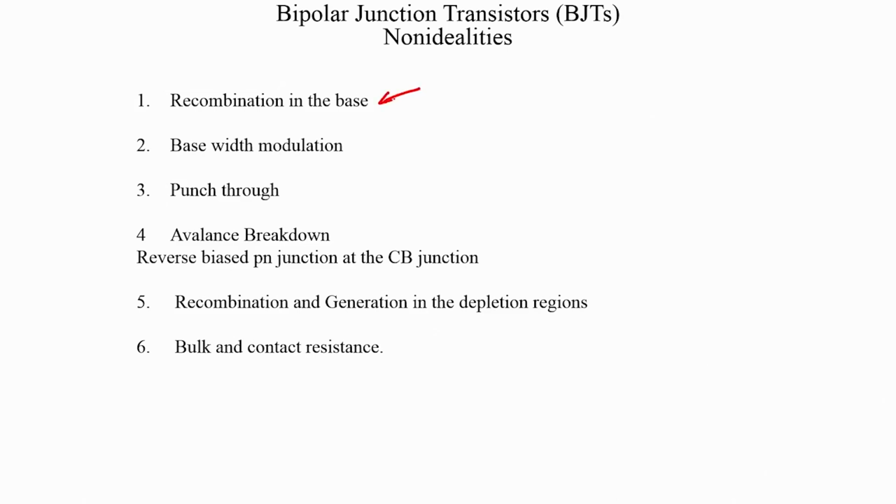We said that there is no recombination in the base, and we very conveniently wrote our equation for the holes in the n type base. We conveniently said that that was equal to 0, whereas that is not really true because you do have recombination in the base. So, that is the first non-ideality. The second is something called base width modulation, and we will explain what that is. This is also called the early effect.